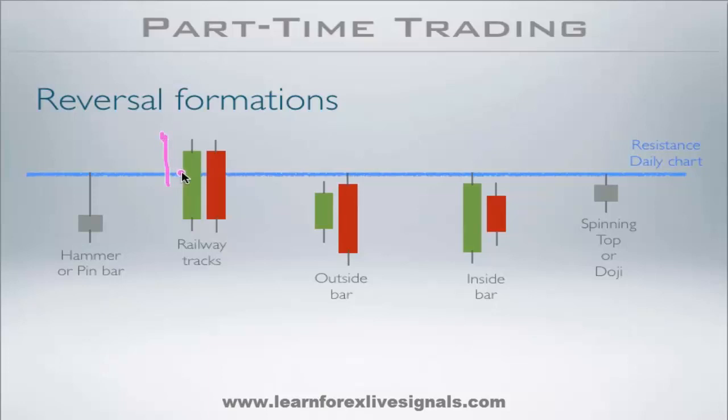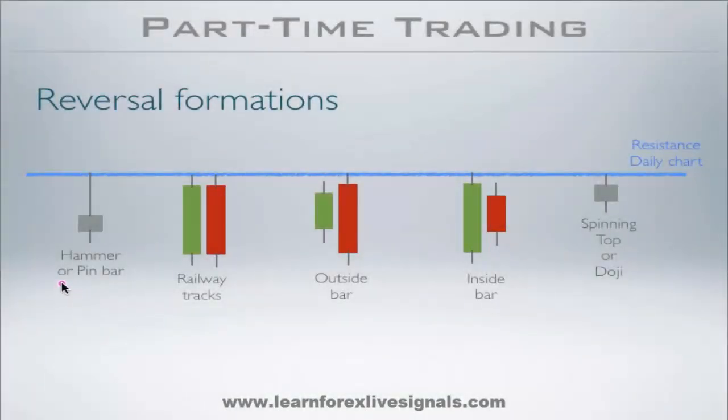Price seems like it's about to break through, and immediately after it pulls a 180-degree turn, and it turns all the way around in the opposite direction. That's again a fake breakout. All right, a fake breakout formation, and again, we are going to be covering all that in a future video.